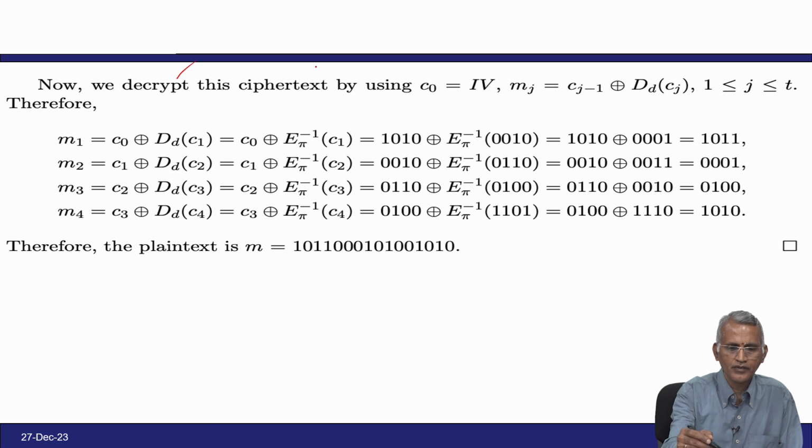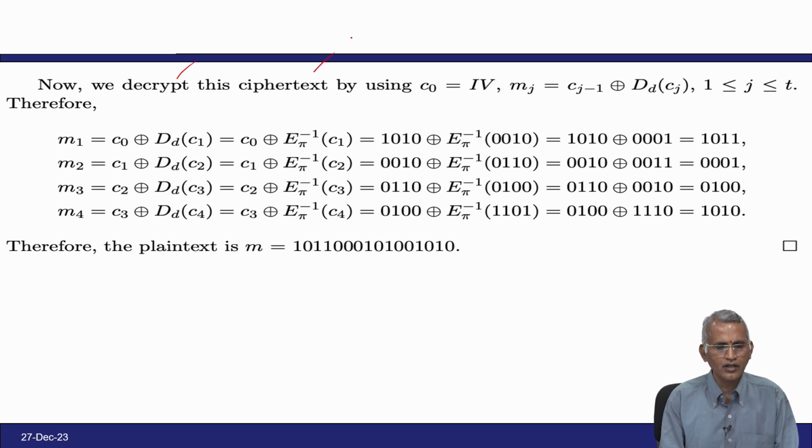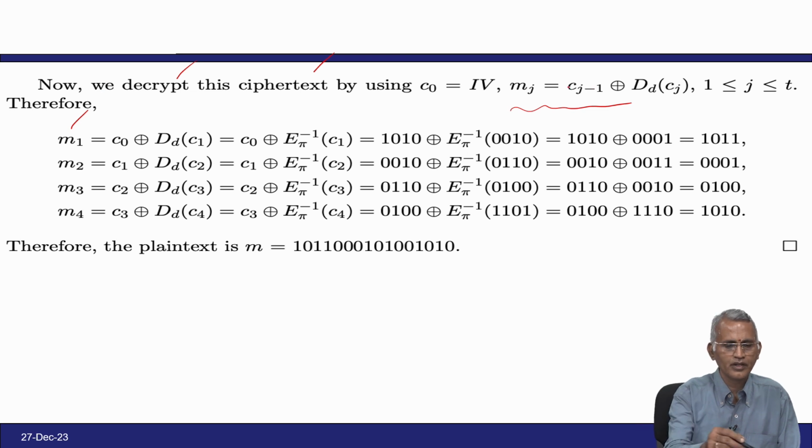Decrypt of the ciphertext using CBC: Mj is equal to C(j-1) XOR D of Cj, where j varies from 1 to t. Now you start with M1. For j equal to 1, C0 will come, XOR D of C1.